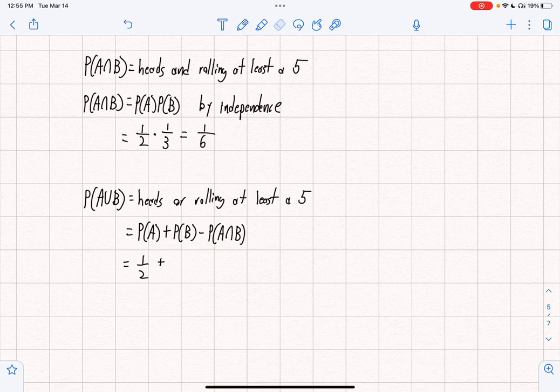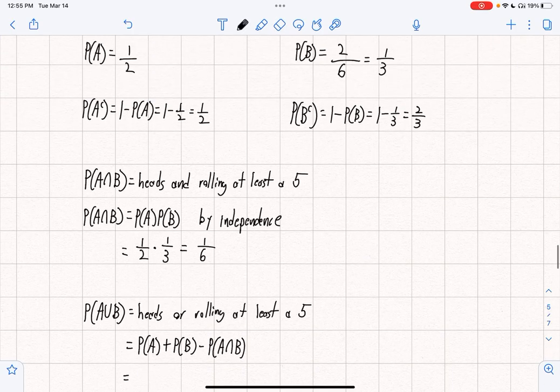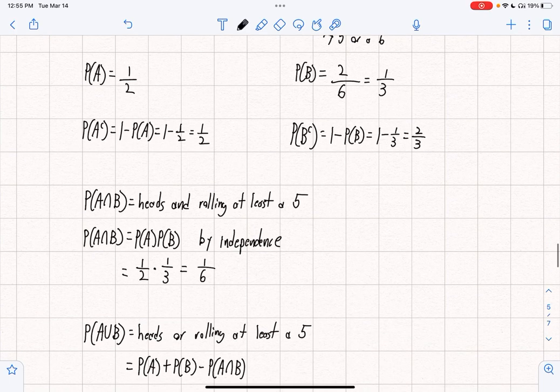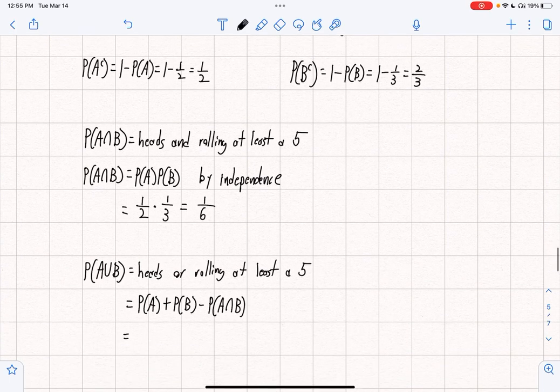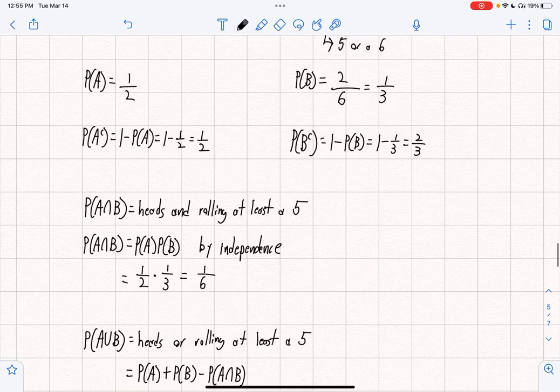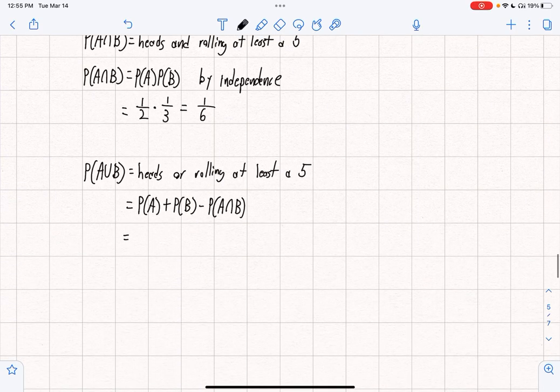Okay, so we have 1/2 plus 1/3 minus 1/6.